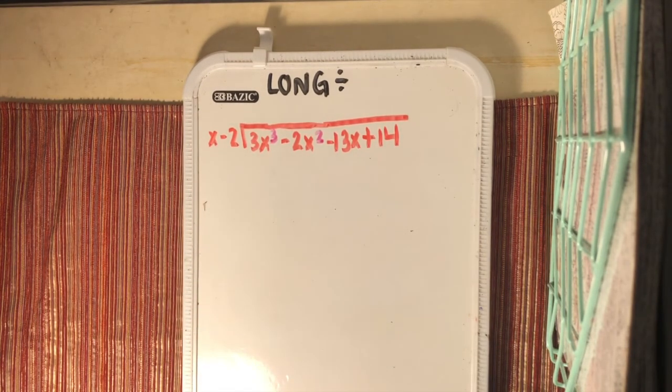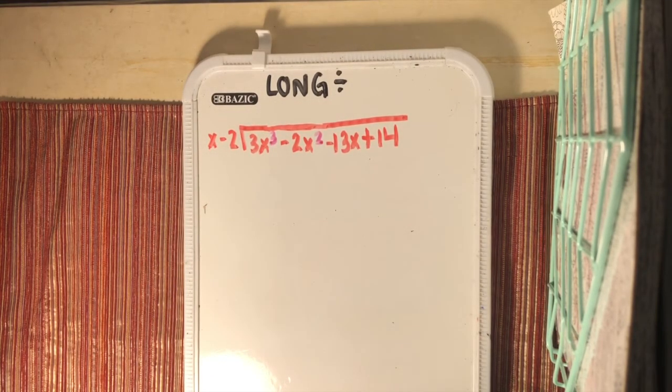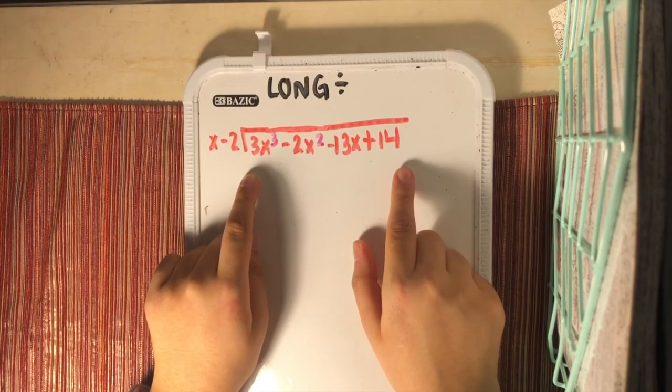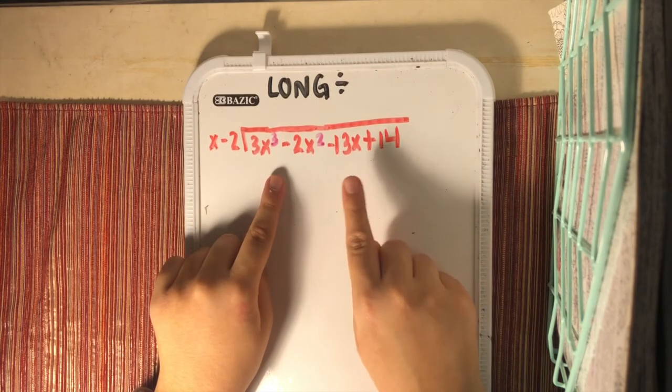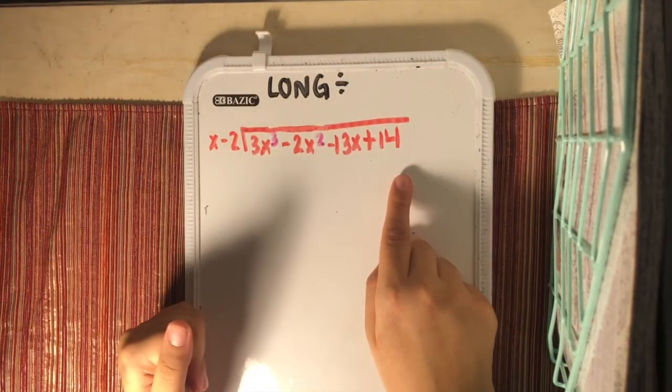How we start is first we're going to check if our dividend is accounted for. What that means is that our exponents have to be decreasing, going down in descending order.